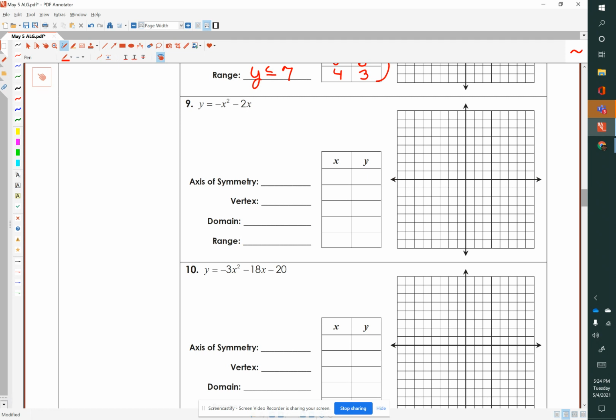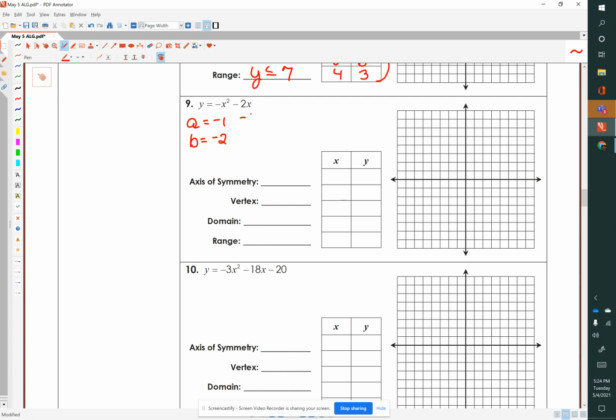So number 9, y equals negative x squared minus 2x. Our a value is negative 1, so this will be a downward facing parabola. Our b value is negative 2. Be careful with a negative b value.